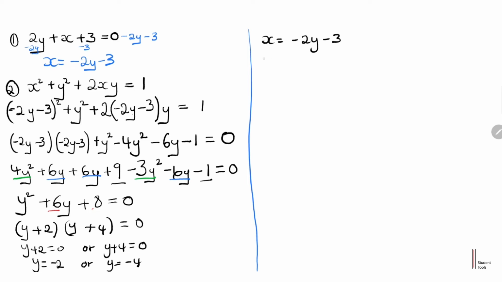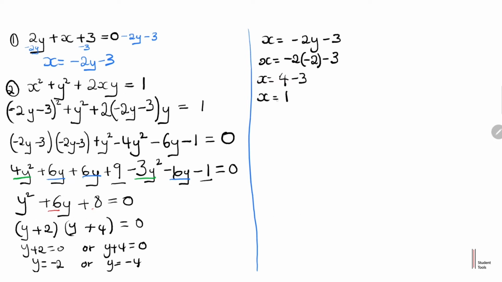So x will be equal to a minus 2y. Instead of y, we will use minus 2, minus 3. So x will be equal to a minus 2 multiplied by a minus 2, that is a positive 4. And then we subtract the 3. So that means x is equal to a 1.